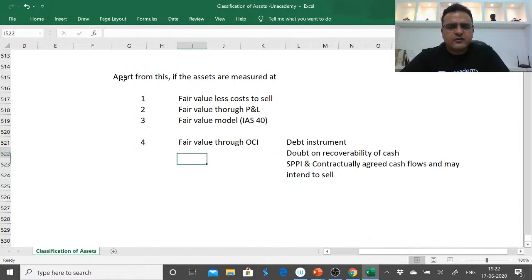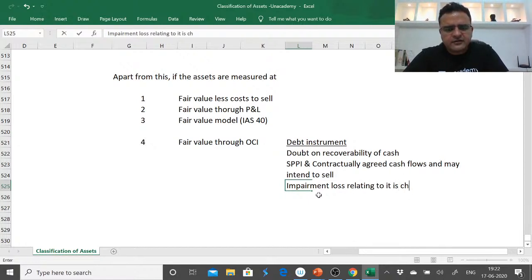The change in fair value for this debt instrument is measured at fair value through OCI, and if there is any change in value, if there is any impairment related to this debt instrument, then the impairment loss relating to it is charged to P&L. So this is not covered under this standard, though, because there is a separate standard for dealing with specially financial instruments and their impairment.